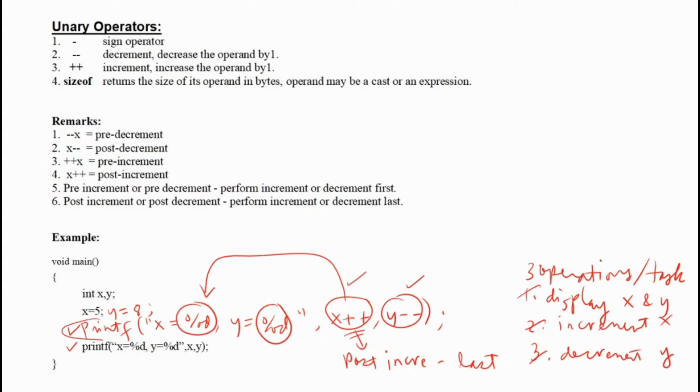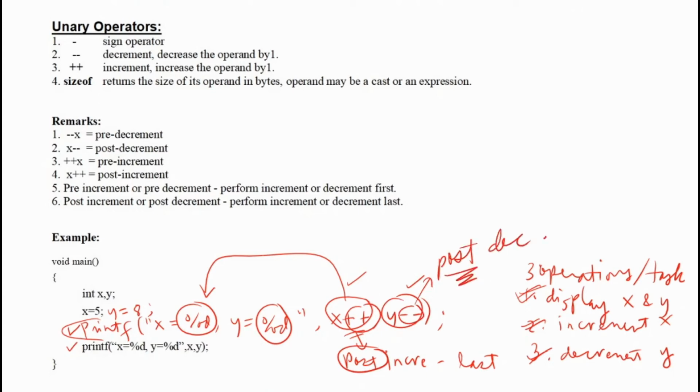Is it to display first x and y, which in that case is currently x is 5 and y is 8? Or are we going to increment x first and then decrement y, and after that we display the new values of x and y? The answer is we're going to display first. Why? Because the increment here is post-increment and the decrement here is also post-decrement.